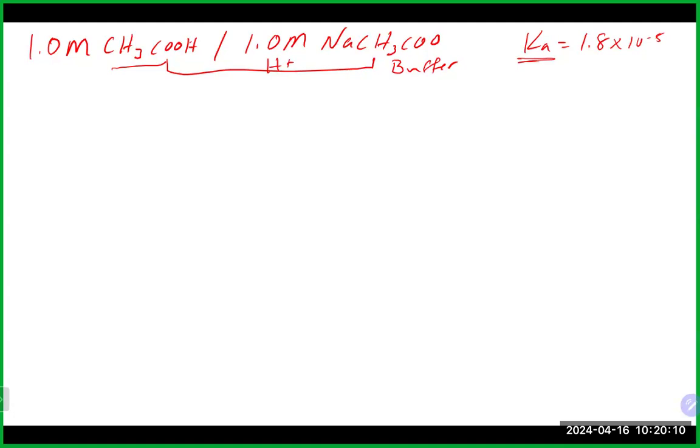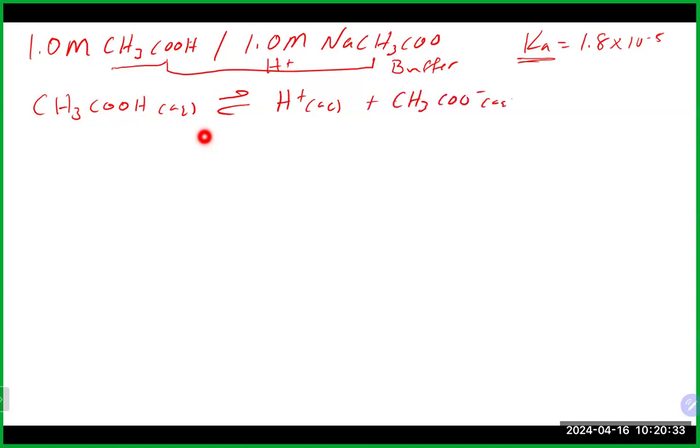Because it is a buffer, you really do have two options as to how you might want to get to the pH. You can use an ice table, and in this case, you would just take the weak acid and break it apart like a traditional Ka type of problem.